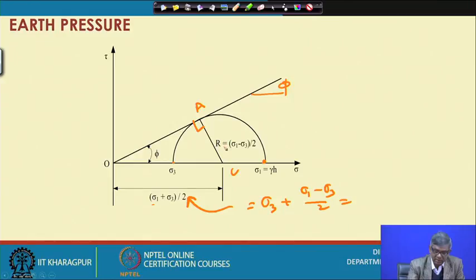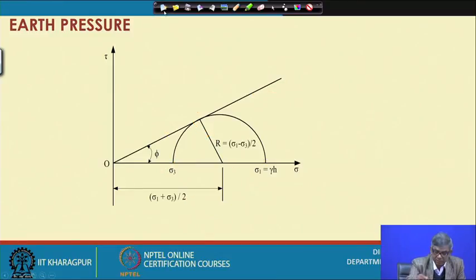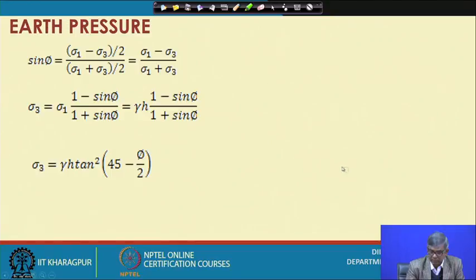If I take this angle, sine means this by this. If I do that, you can see in the next slide. Sin phi equals the radius divided by the distance from the origin to the center of the circle.